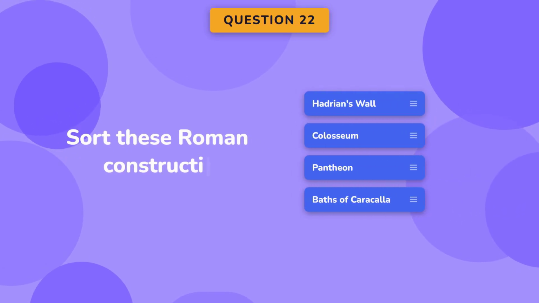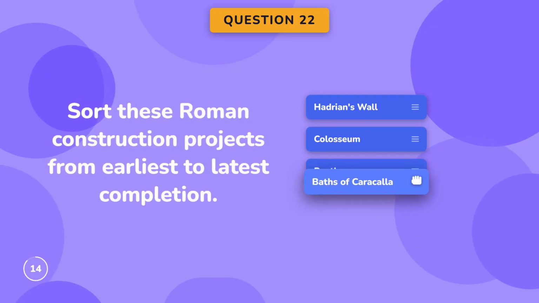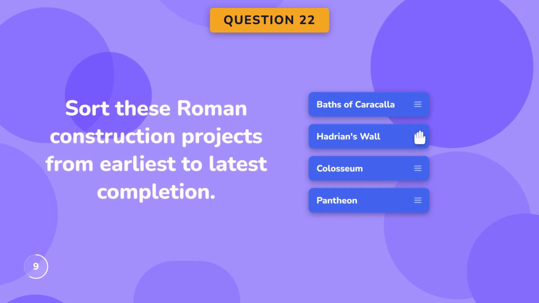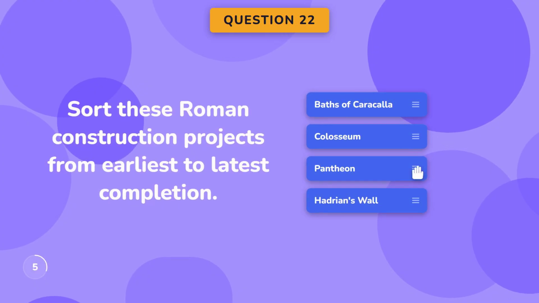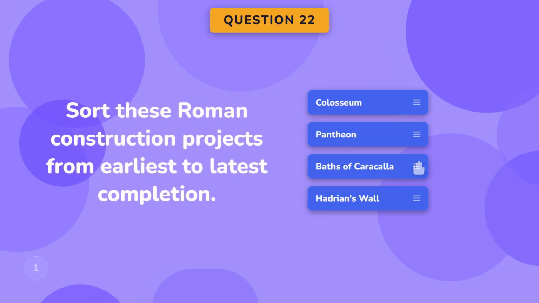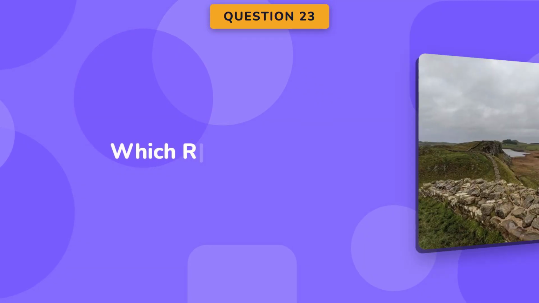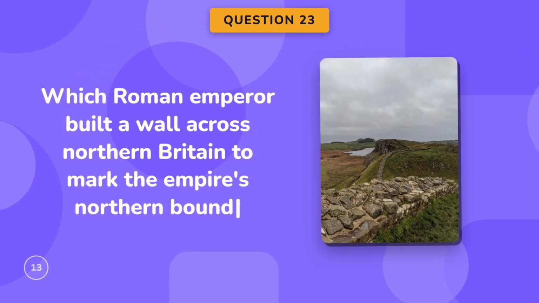Sort these Roman construction projects from earliest to latest completion. Which Roman emperor built a wall across northern Britain to mark the empire's northern boundary?